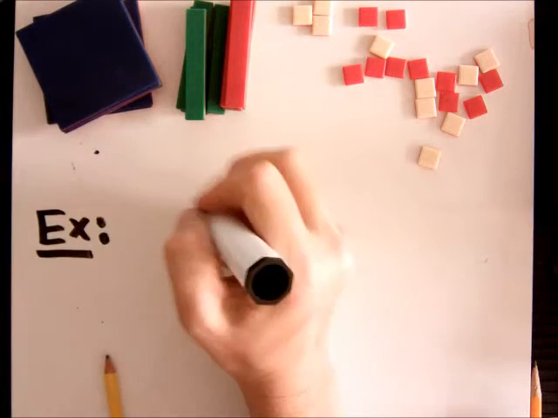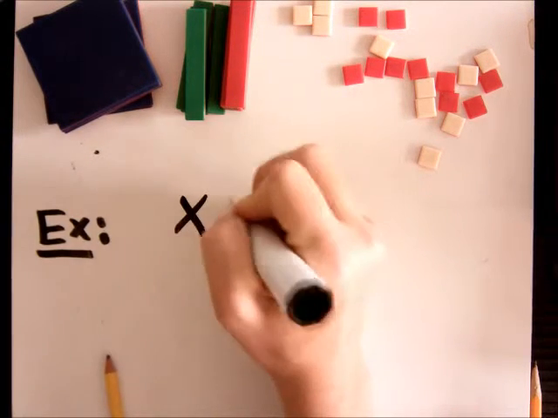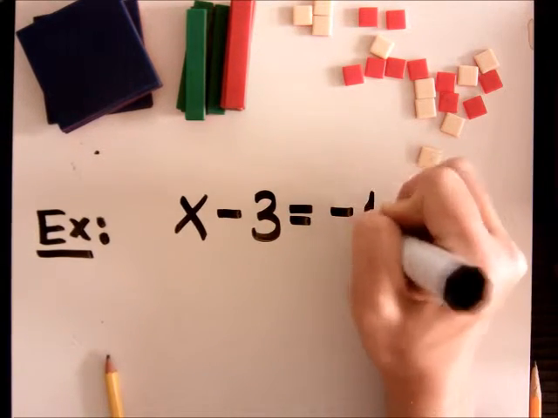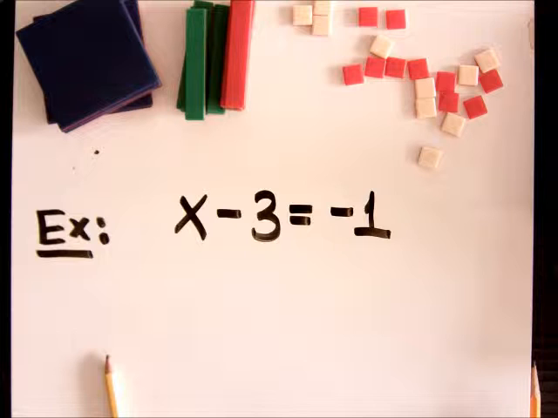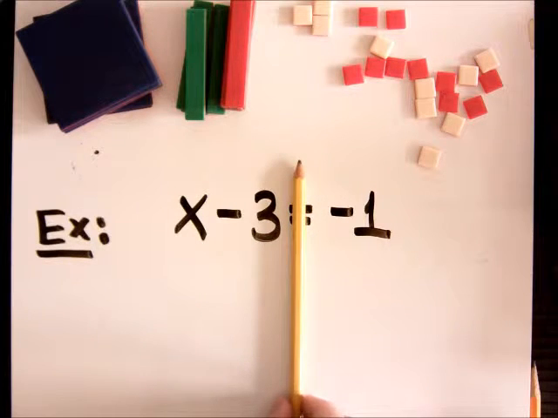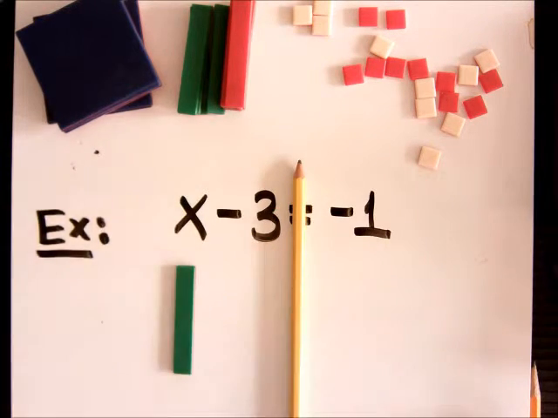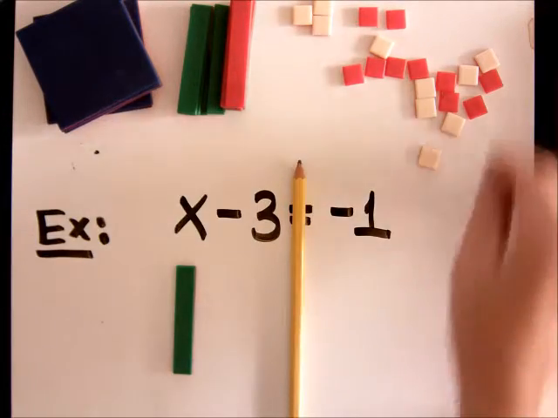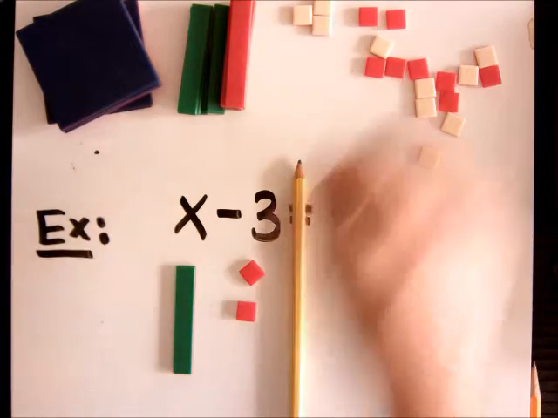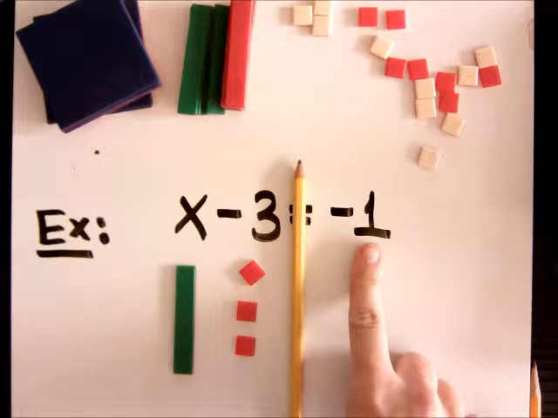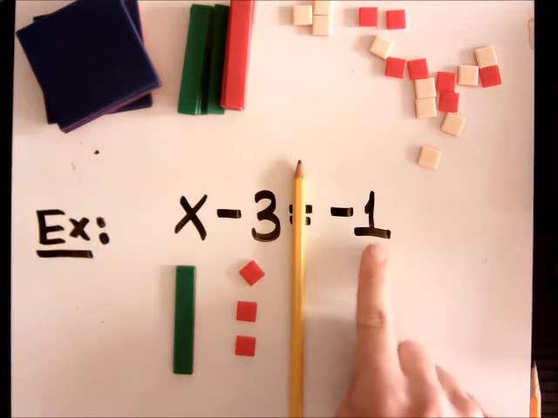All right, x minus 3 equals negative 1. What color x, Mr. Dwyer? Green. Okay. What color of 3, Mr. Cabrera? Red. 1, 2, 3. What color for the 1, Mr. Fox? Red.